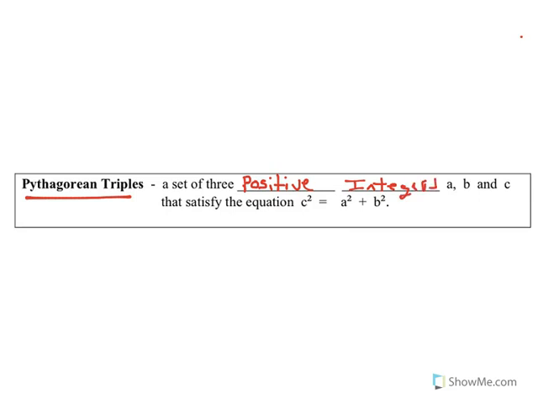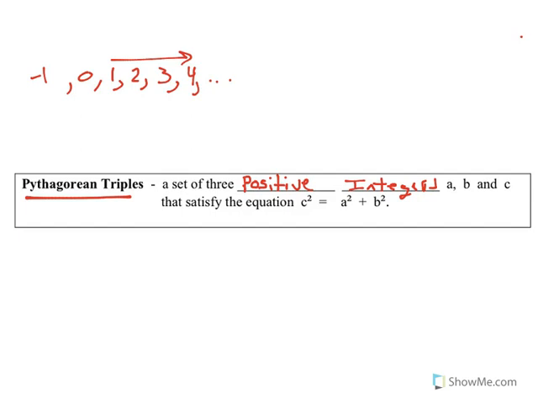Integers are numbers like 1, 2, 3, etc. So basically non-fractions and non-decimals. They could be negative numbers, technically, are integers, but you're not going to find negative numbers for a side length of a triangle. So we're just talking about positive integers, so integers greater than 0.